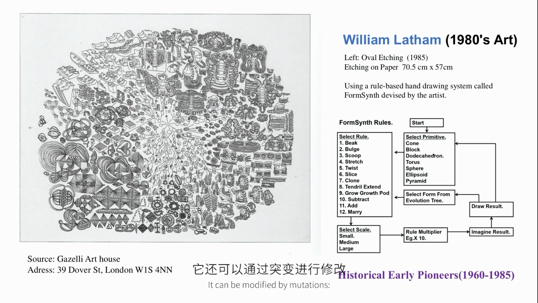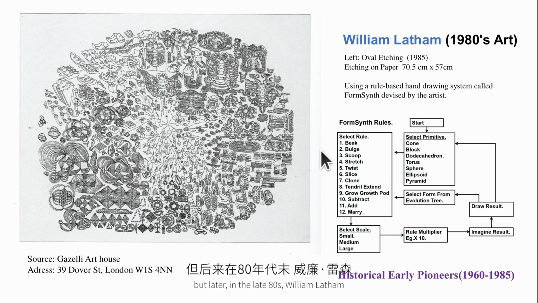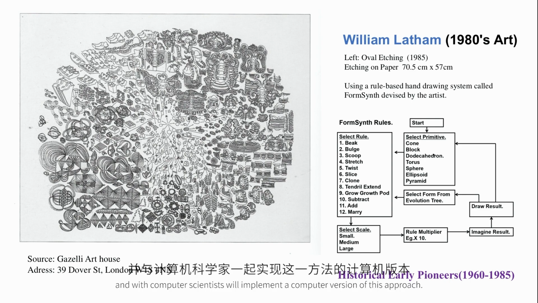It can be modified by mutations, some random changes to the code. So these ideas have been simulated in the systems that William Latham was producing back in those days. So what you see here is hand drawings of examples derived from these rule-based systems. But later on, in the late 80s, William Latham will join the IBM Research Center in Winchester, near London, and with computer scientists will implement a computer version of this approach.